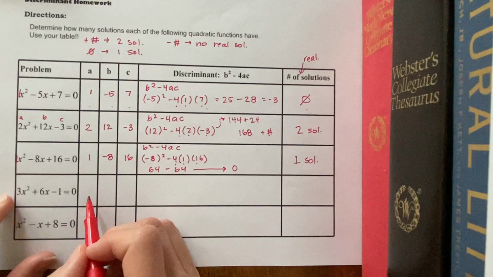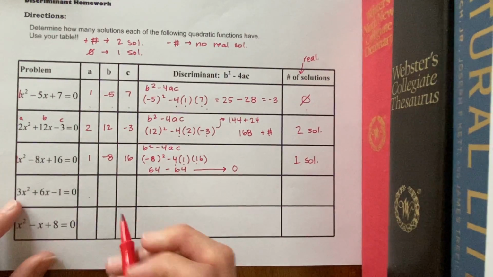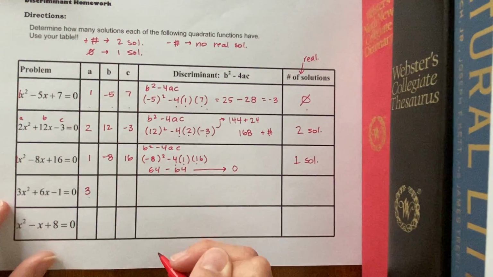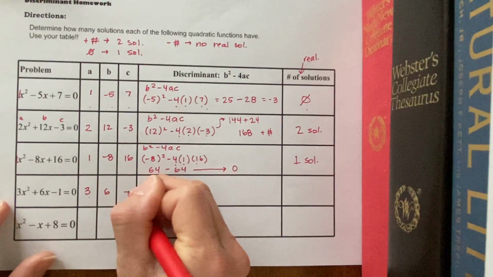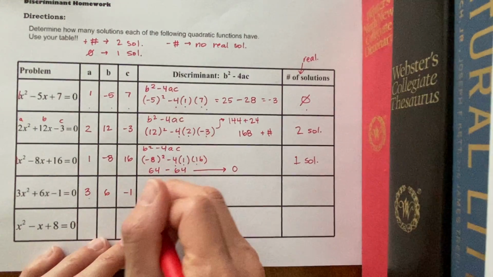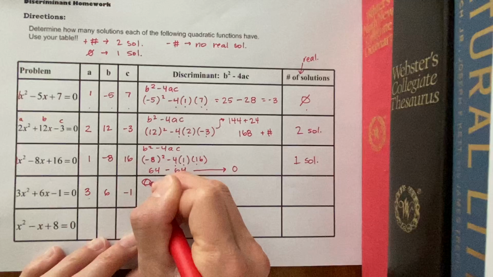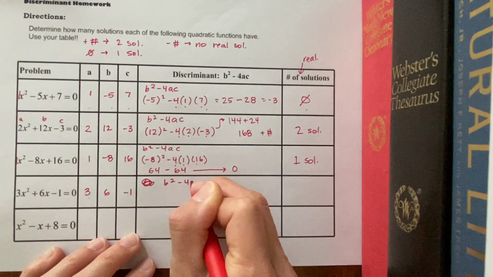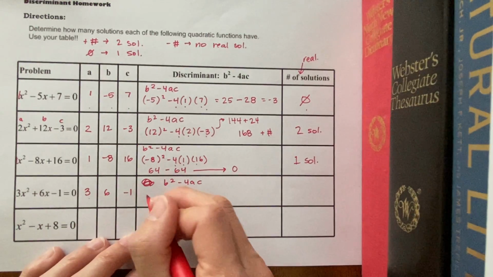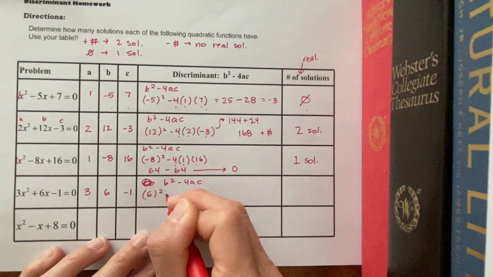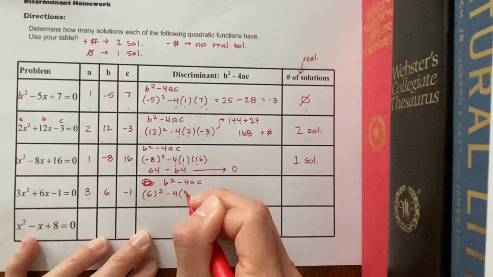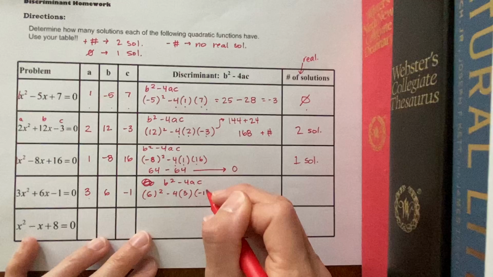Next example here, 3x squared plus 6x minus 1. A is 3. B is 6. C is -1. Oh, sorry, I didn't write it down. I didn't follow my own advice. B squared minus 4AC. So 6 squared minus 4 times A, which is 3, times C, which is -1.